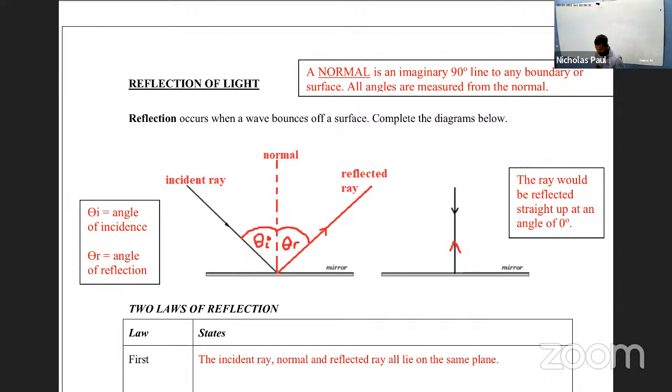Whenever you're measuring angles, please remember you're always measuring between the ray and the normal.